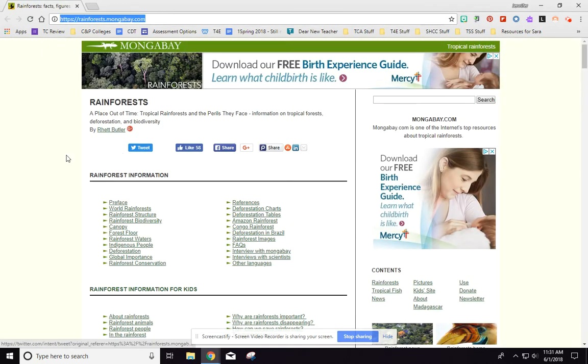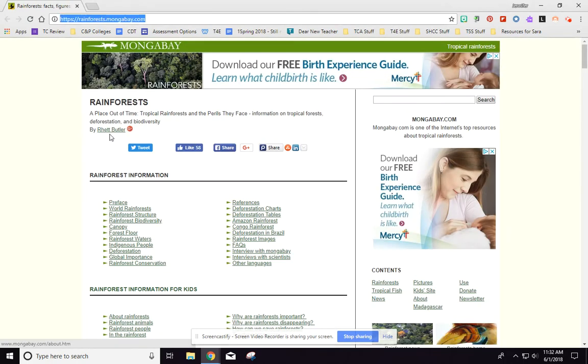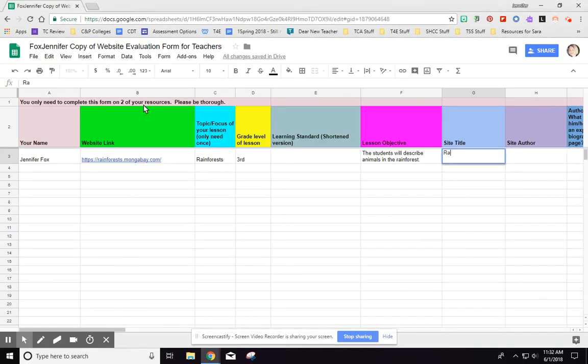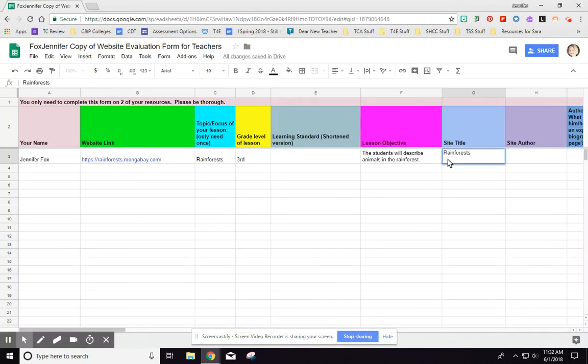Okay, so now I'm going to look at all these little details. The site title would be Mongabay rainforest.